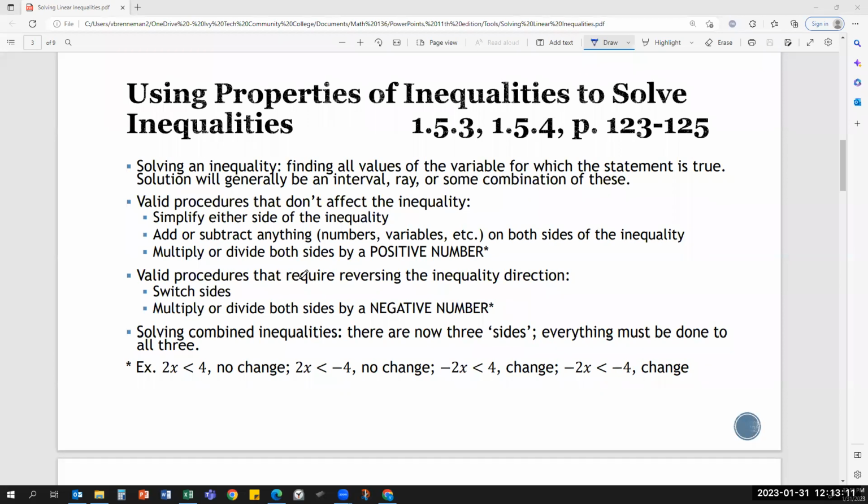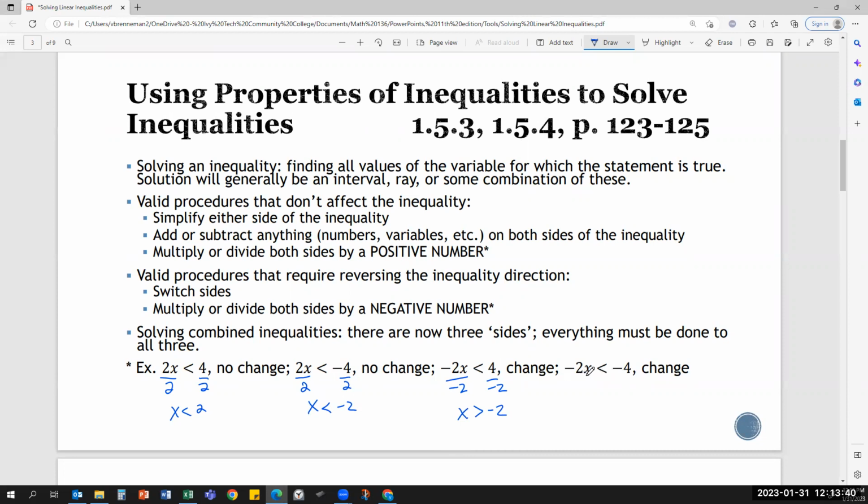If I have 2x less than 4, I divide both sides by 2, all good, no negative numbers involved at all. But if I have 2x less than negative 4, and I divide both sides by that positive 2, there's still no change. So we have x less than 2, and this would still be x less than negative 2. If, on the other hand, I have negative 2x less than 4, and divide both sides by negative 2, now I'm going to switch and have x greater than negative 2.